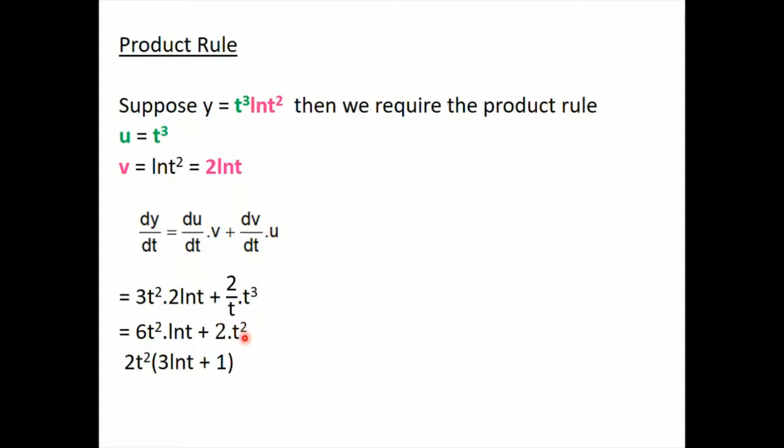The last step is to factorize. What is common to both of these terms? It would be 2t squared. If we take that out, we are left with 3 natural log of t plus 1, in brackets, and 2t squared in front.